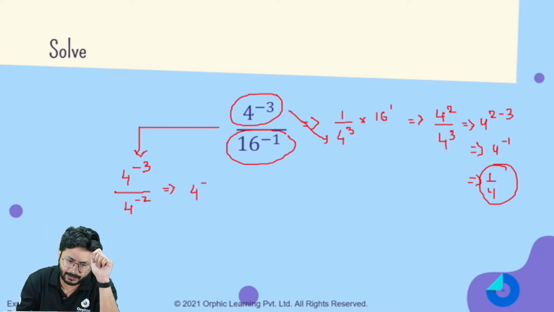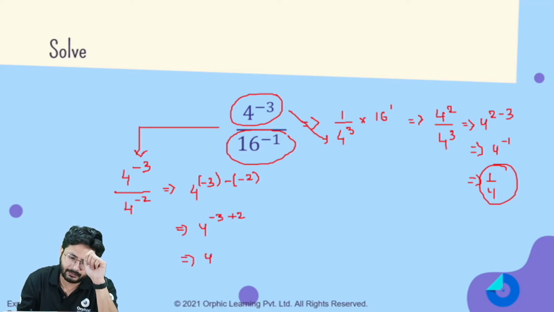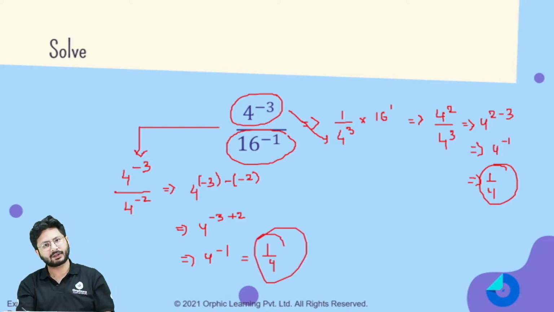So 4 to the power minus 3 minus of minus 2. Okay, so it will become 4 to the power minus 3 plus 2 and it will become 4 to the power minus 1, which is finally equal to 1 by 4. Okay, so I hope you are able to understand both the ways.